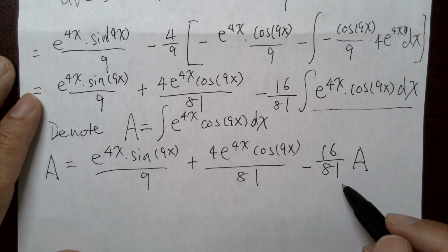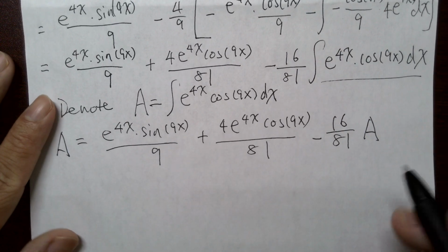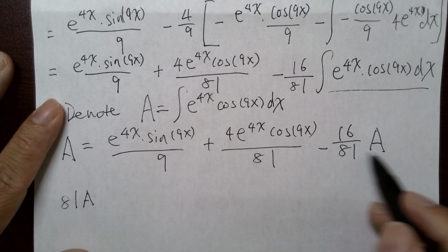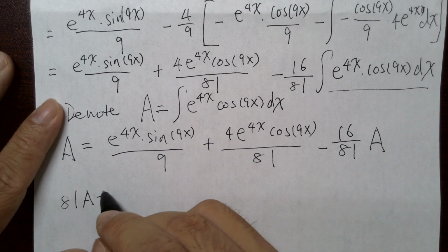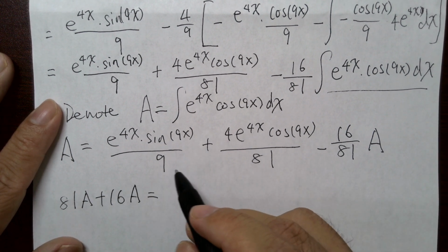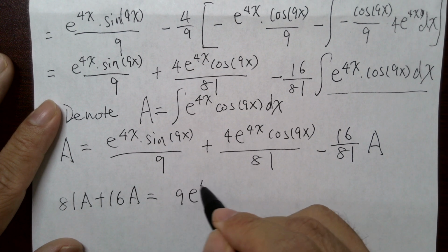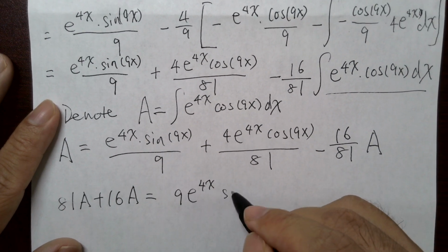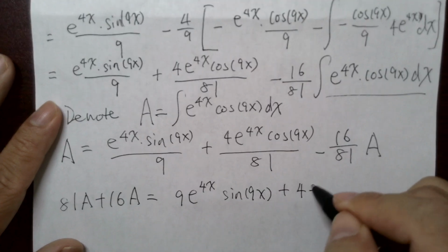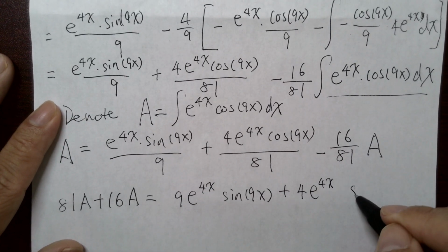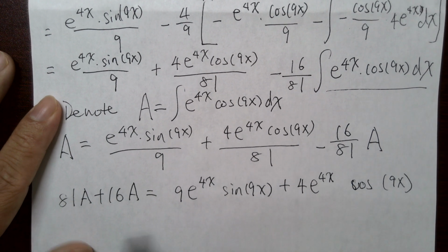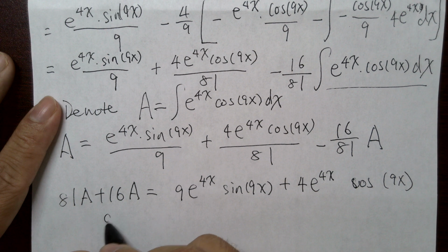So don't you agree that this becomes an algebraic problem? If you multiply 81 on both sides, it's 81A plus 16A equals 9 e to the power 4x sine of 9x plus 4 e to the power 4x cosine of 9x, and this part equals 97A.